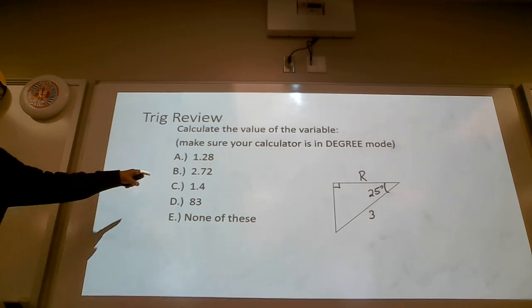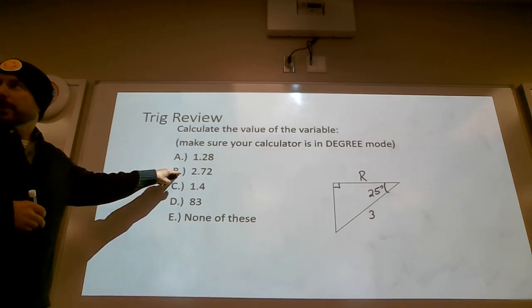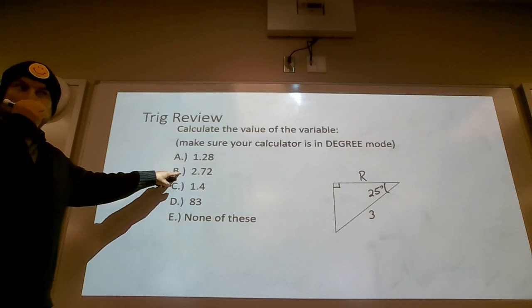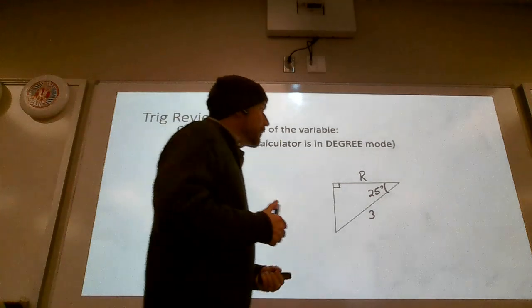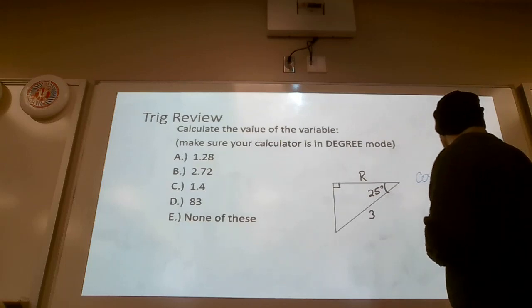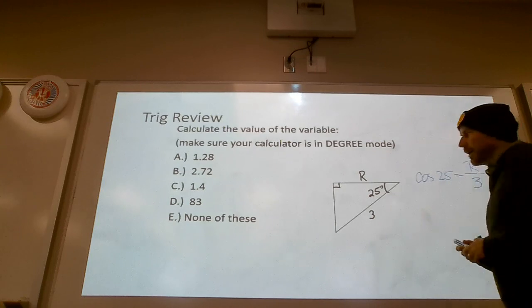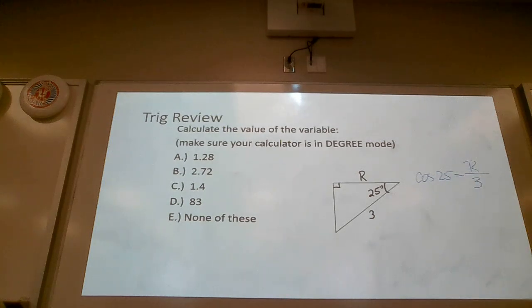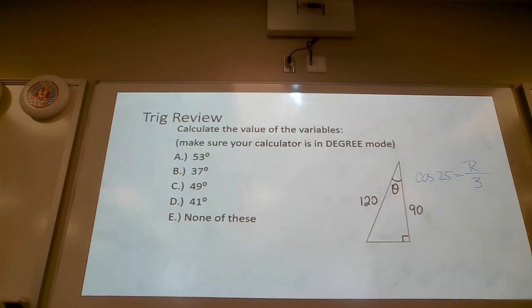Correct answer is B. We okay with that? Okay. Your cosine 25 is equal to adjacent over hypotenuse. Okay. 3 times cosine of 25. Next.